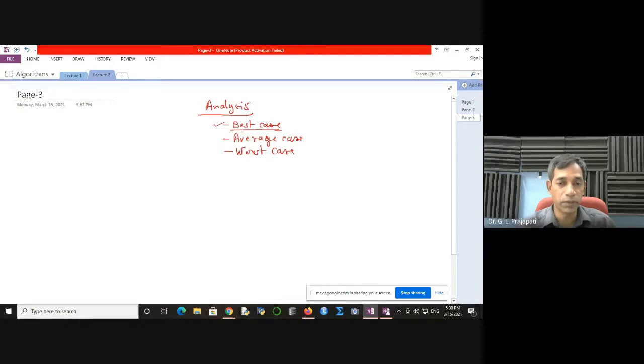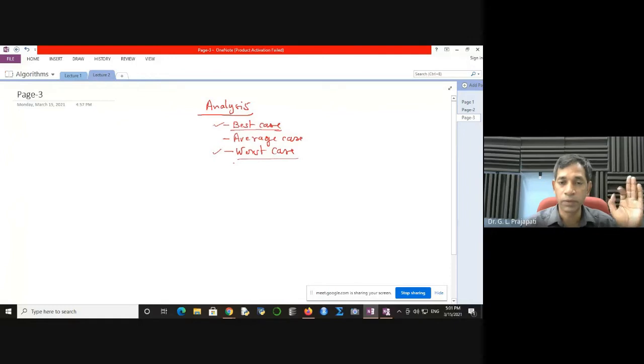So the best case will denote the minimum resource requirement of your algorithm. Once you go for the worst case, you are determining the worst case behavior of your algorithm.